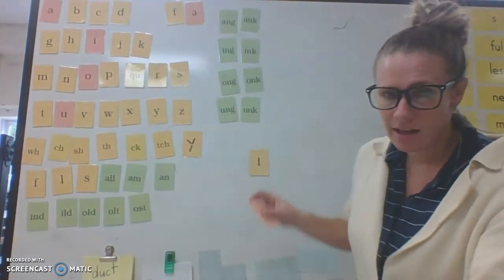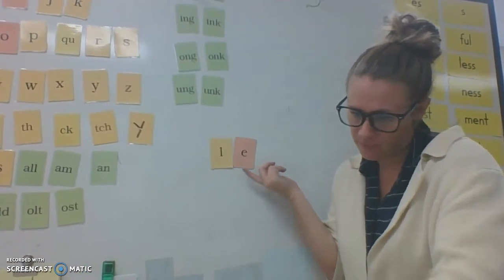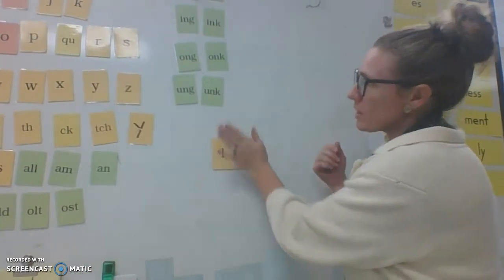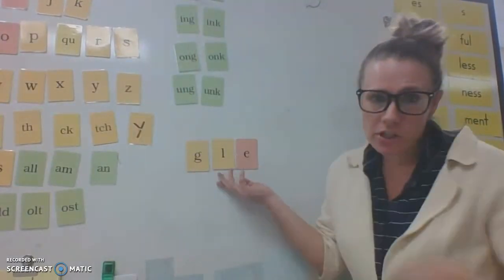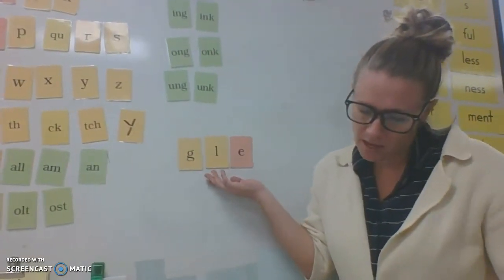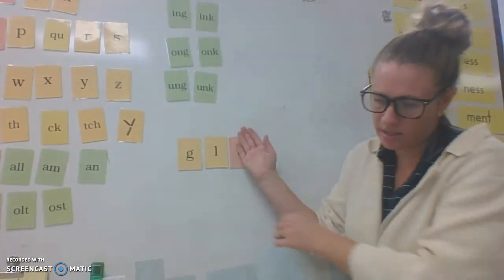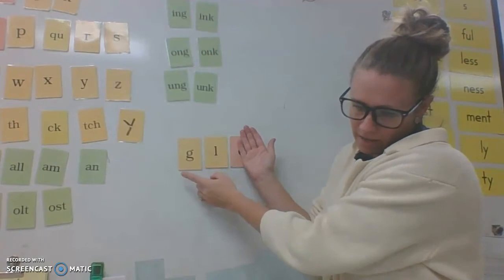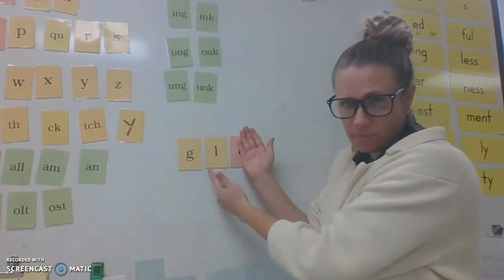If I put my L and my E up here, it will always end with this. Now let me pick a random consonant. Say I put the G up here. If I cover the E and ask you to read that, what does it say? Gull, right? It's just the blend, gull.